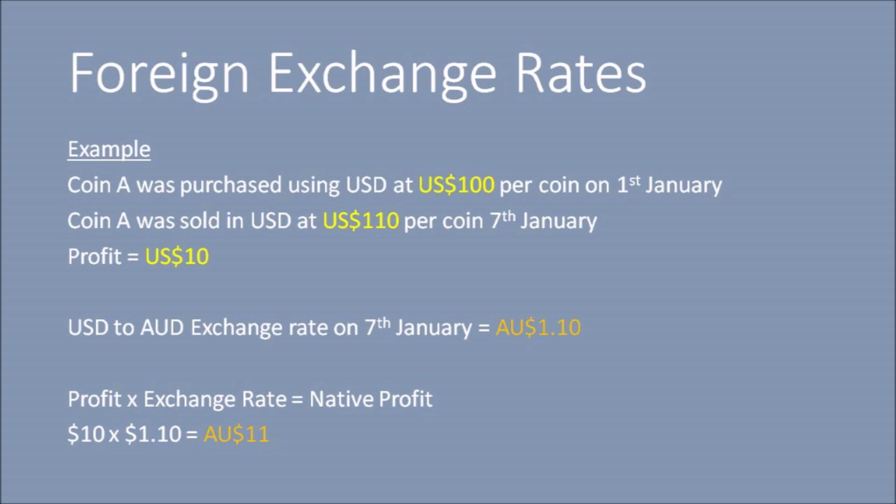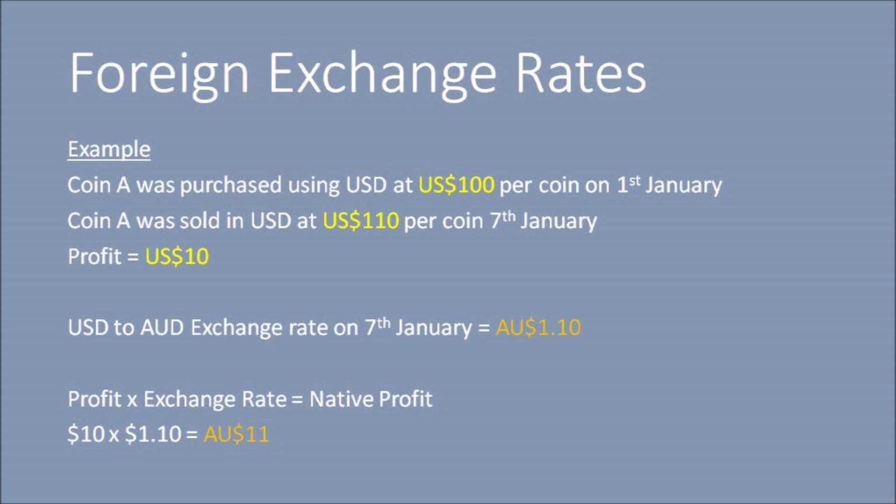On the day of the sale, when that taxable event occurred, the USD to Australian dollar exchange rate on the 7th of January was $1.10 Australian for every $1 US. Therefore, we need to calculate exactly what the amount of US dollars was in Australian dollars in order to work out our native currency profit.